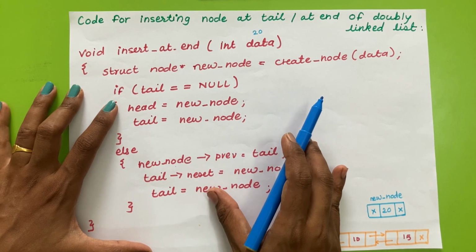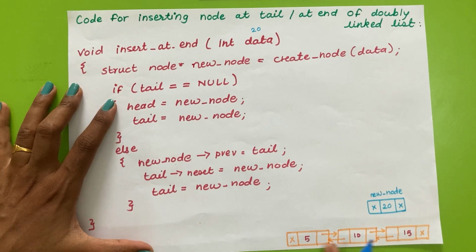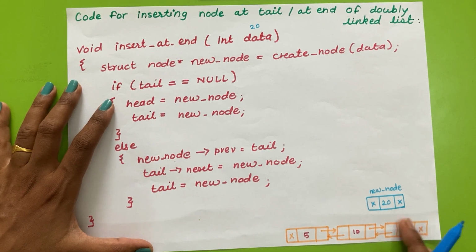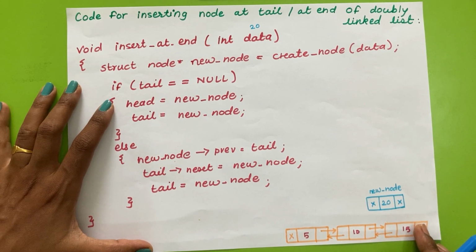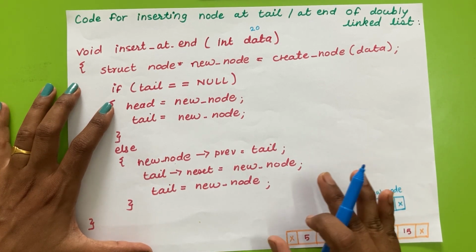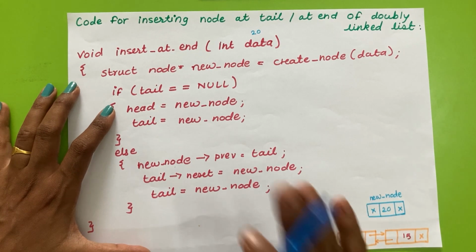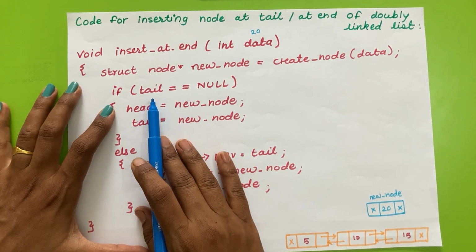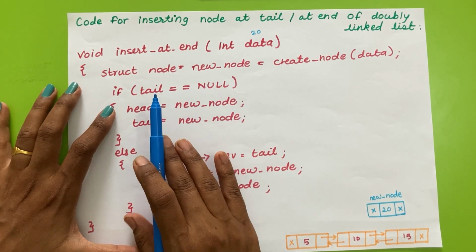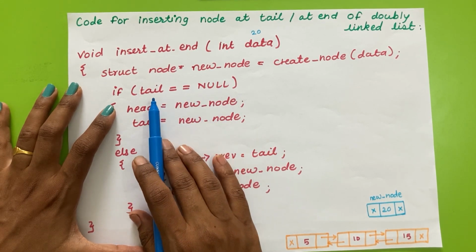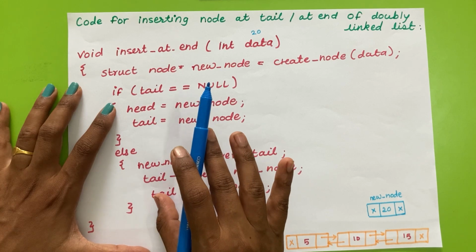Okay, that will be the condition. And if we have a linked list, then tail will not be null. But if the linked list doesn't exist, then in that case tail is null. Okay, so first we will check whether the tail is present or not.